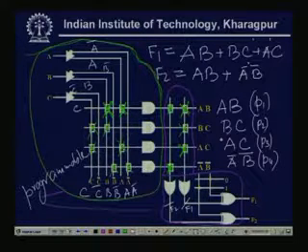Now, some more modifications I can do here. What we have done in the OR plane is some extension or refinement of the PLA structure. We can add an XOR, and the other input can be a 0 or 1.